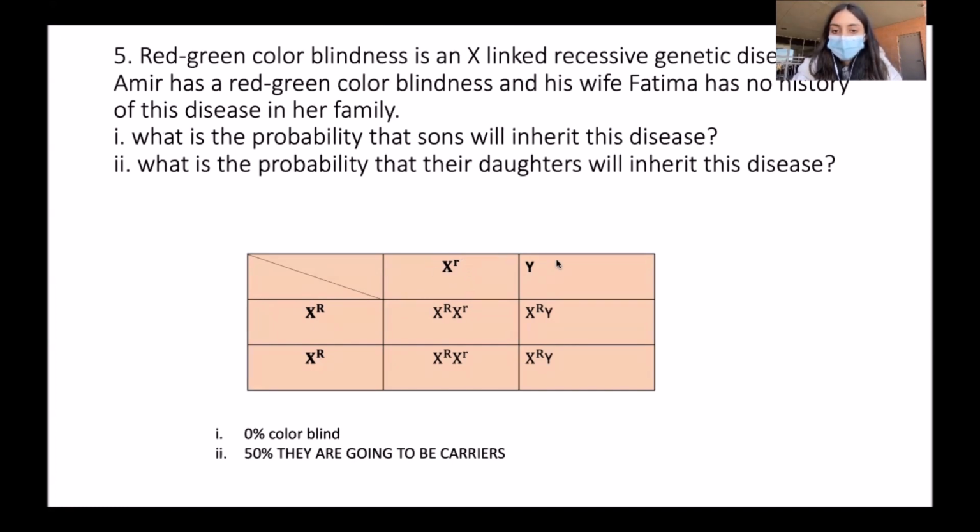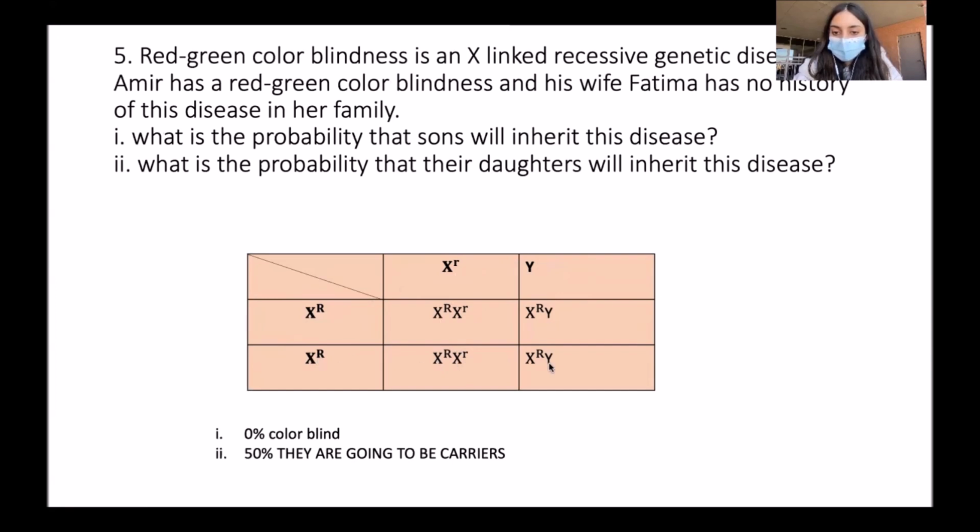This is the father and this is the mother. We're going to put X big R, X big R, and then we're going to cross them. So it's going to be X big R, X little r, X big R, X little r, X big R Y, X big R Y, and put it here.